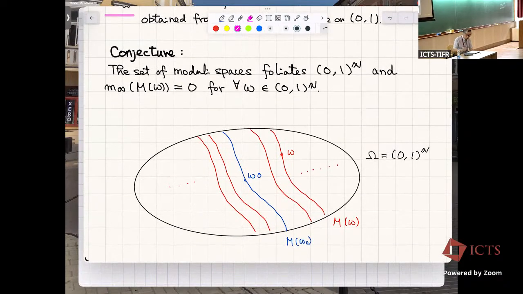Here's a picture. The total space is the unit product of 0, 1. Here's the moduli space of the standard Cantor set. It has measure 0, so it's very thin, right? We showed that if omega has an upper bound, then it is the same. But it's also true for any other ones. That's the conjecture.